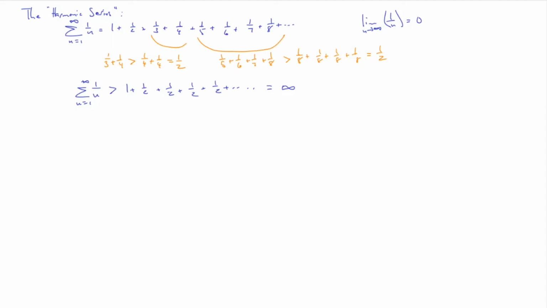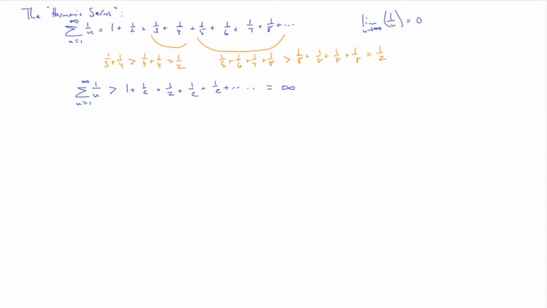But what you can't do is say, if the limit of the terms is equal to 0, then something happens. Who knows? If the limit of the terms is equal to 0, the series might converge and it might diverge. Here we see an example of a series where the terms are going to 0, but the series diverges.